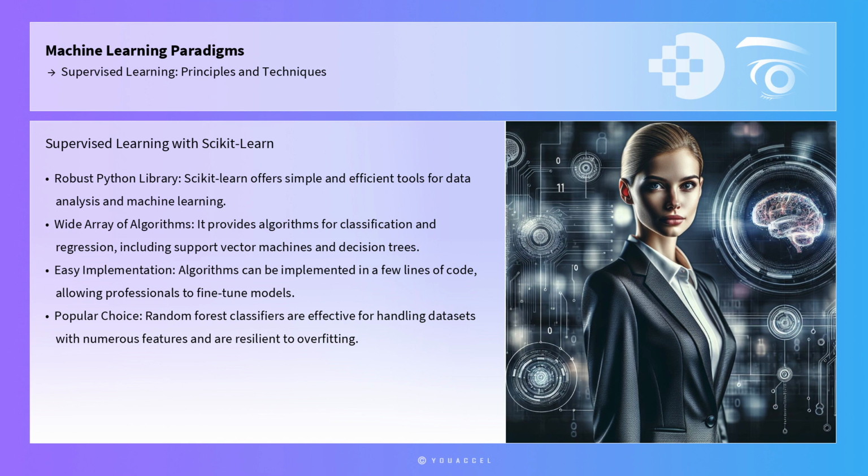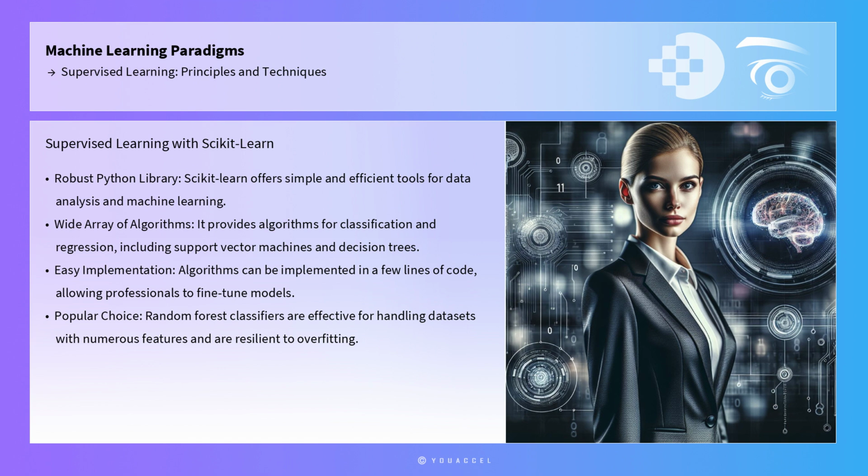A practical tool that exemplifies the application of supervised learning is scikit-learn, a robust Python library that offers simple and efficient tools for data analysis and machine learning. Scikit-learn provides a wide array of algorithms for both classification and regression tasks, including support vector machines, decision trees, and ensemble methods like random forests.